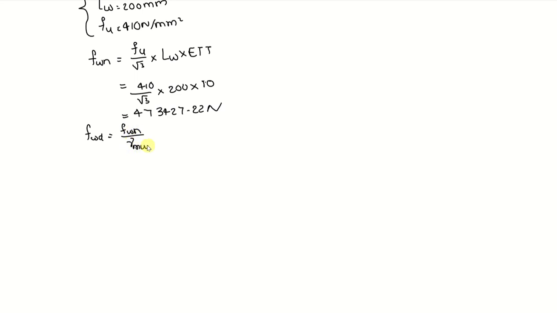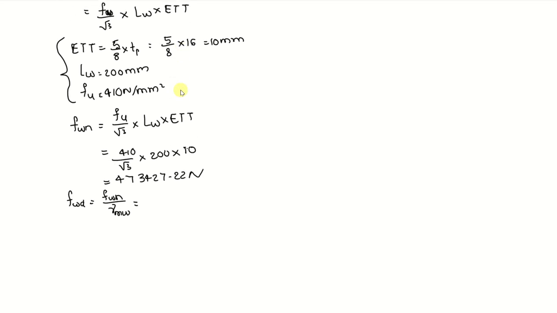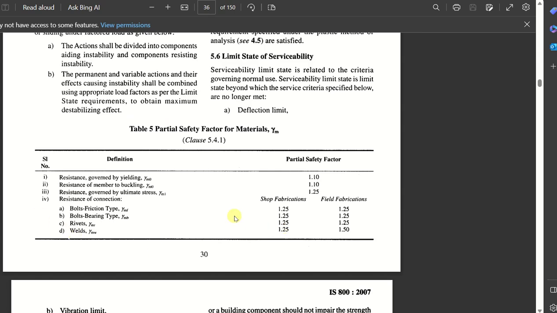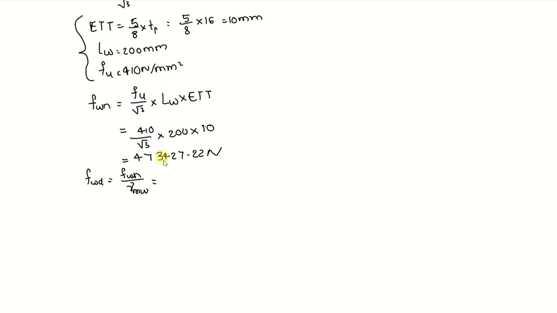Now we can find FWD, the design strength, which is the nominal strength divided by the partial safety factor for weld for shop fabrication. It is the same as what we used previously, taken from page number 30. For welds in shop fabrication, it is 1.25. FWN is 473,427.22 divided by 1.25, so ultimately we get 378,741.77 Newton, that is 378.741 kilonewton.